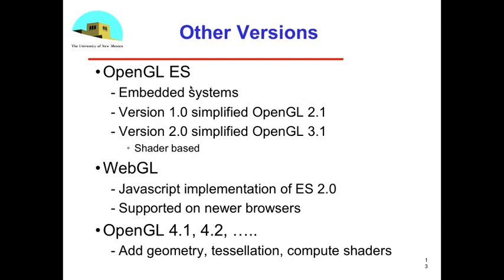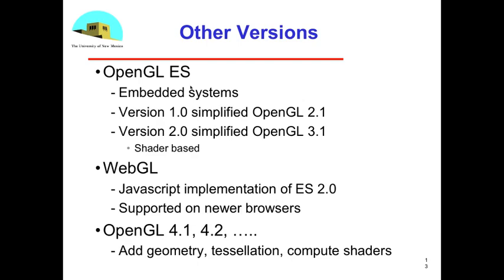They really couldn't put great demands on power if they were run by batteries. So they wanted a simpler system that would go into this, and that led to first OpenGL ES 1.0, which was a simplified version of OpenGL 2.1. So it really wasn't a shader-based system, it was a fixed function pipeline.